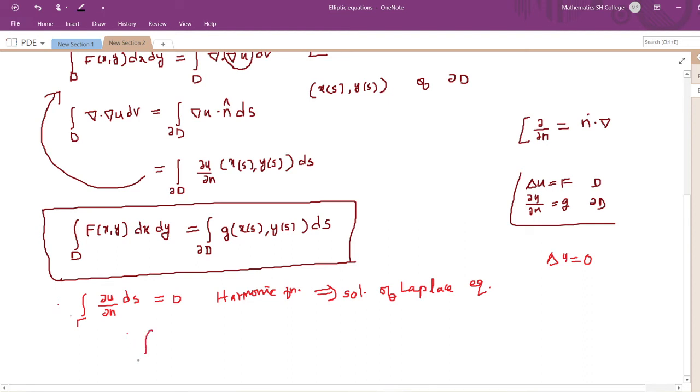Harmonic functions are solutions of the Laplace equation, so f equal to 0. So we can say that if Γ is any curve fully contained in D, the integral over Γ of ∂u/∂n ds is equal to 0.